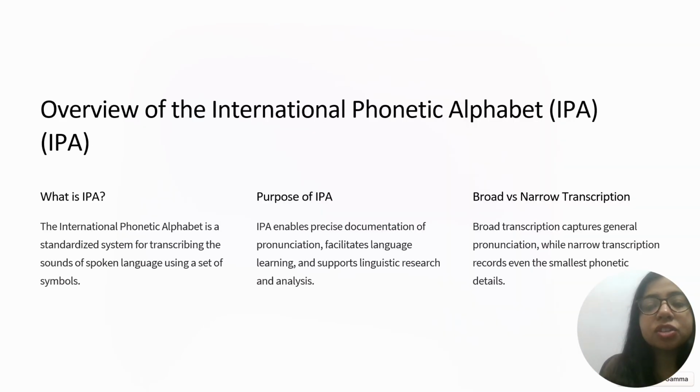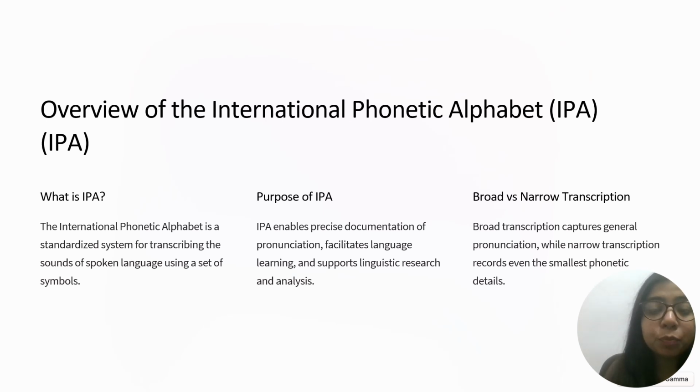Overview of the International Phonetic Alphabet, that is IPA. Now what is IPA? The International Phonetic Alphabet is a standard system for transcribing the sounds of spoken language using a set of symbols. So it's a mode of transcribing sounds into symbols. Now what is the purpose of IPA?